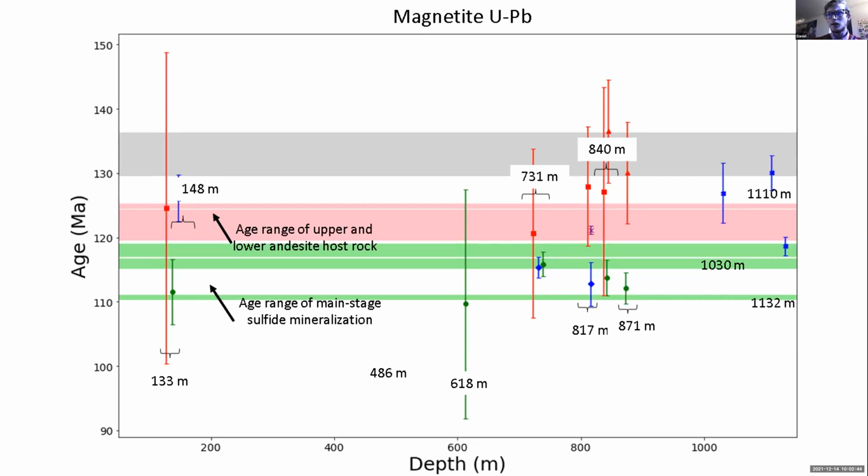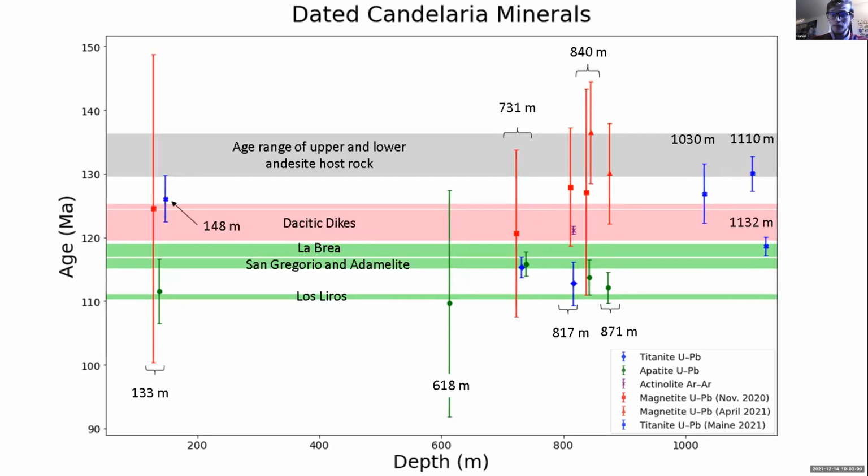But I think, like what Maria found, the magnetites in situ laser ablation dates were very exciting because they lined up very well with the titanite dates and fell in between what would be reasonable to expect.